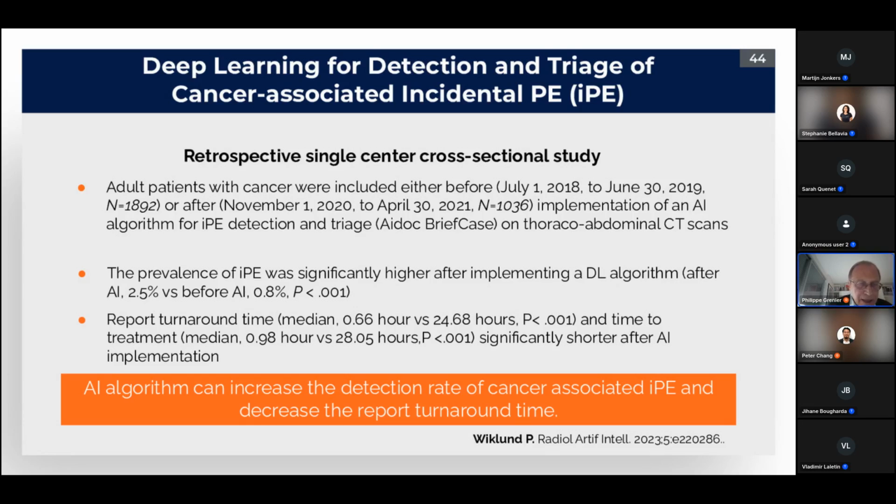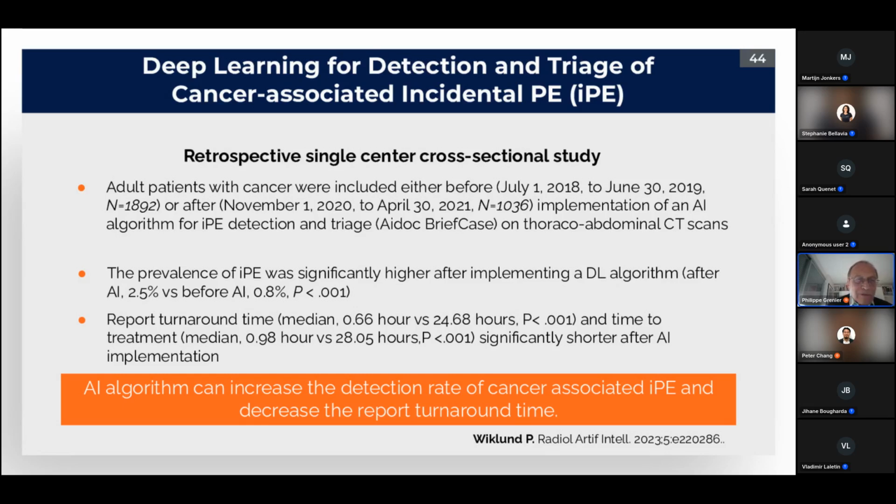Other deep learning algorithms have been developed for detection and triage of cancer-associated incidental PE. In a retrospective single-center cross-sectional study, adult patients with cancer were included either before or after implementation of an AI algorithm for IPE detection and triage on thoracoabdominal CT scans.